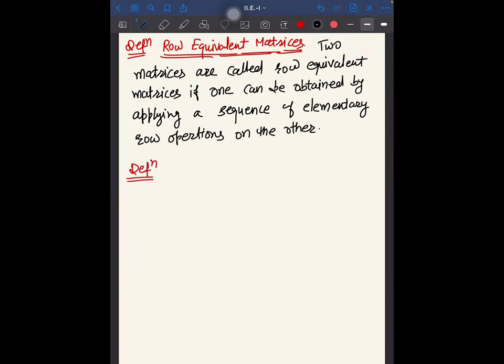So our next definition is something we call echelon form or row echelon form, right?